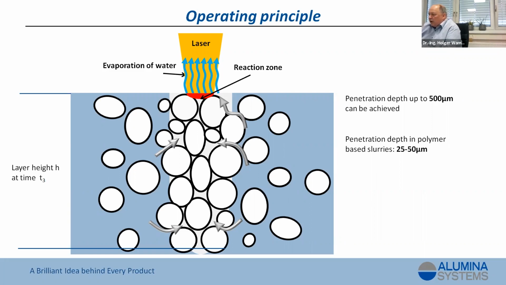Those are only first trials. 20 millimeters is the current status, but I don't think that this is the limit. We just have not explored this to a big extent. The parts are comparable to conventionally manufactured parts.